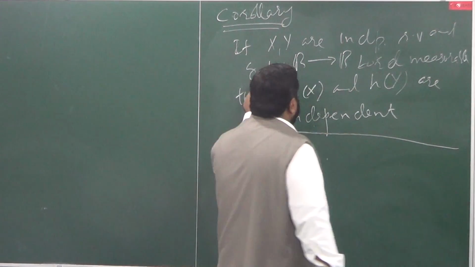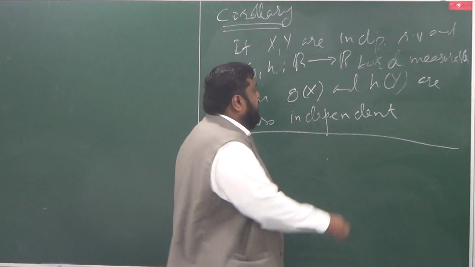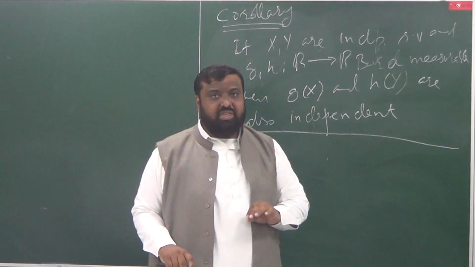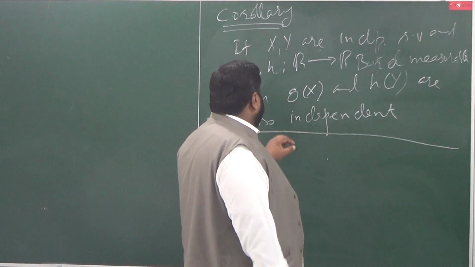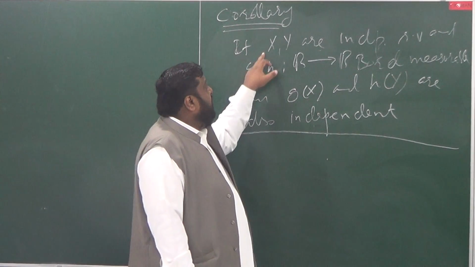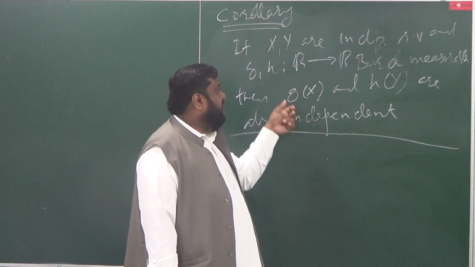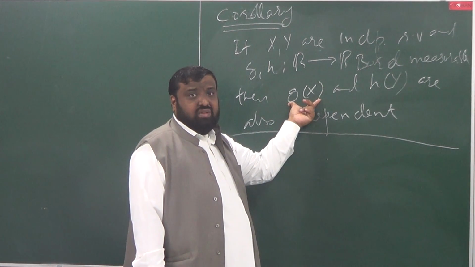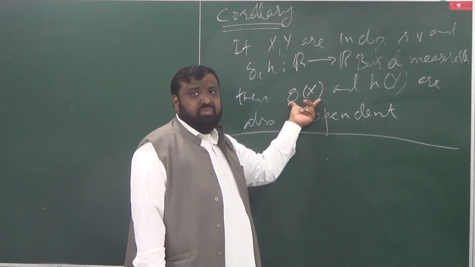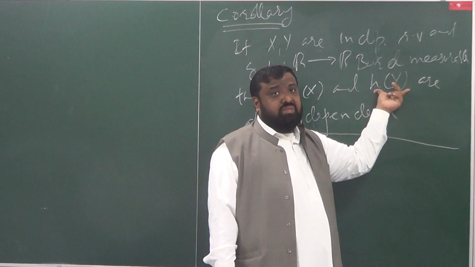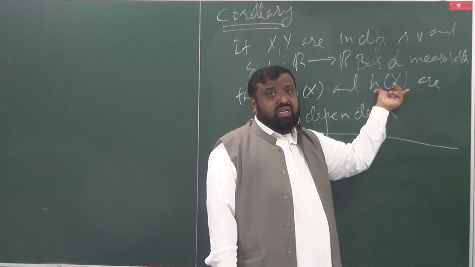And if you have two Borel measurable maps, then we also know that if you compose a Borel measurable map with a random variable, that's a random variable as well. So that's a measurable random variable, and similarly, this is also a measurable random variable.